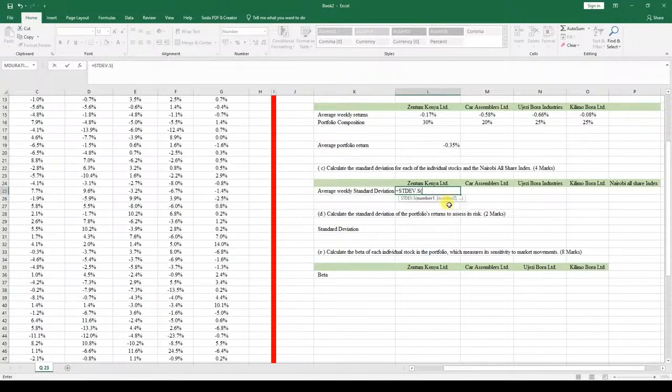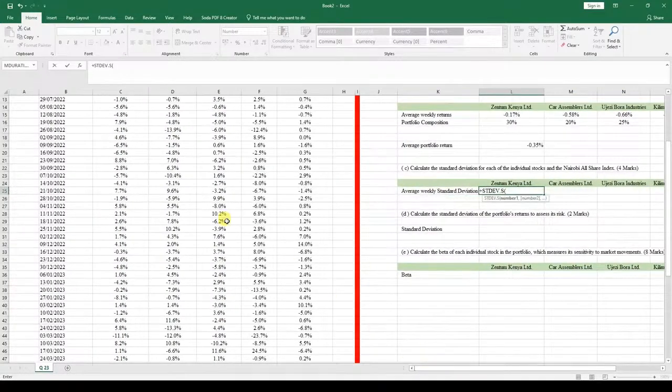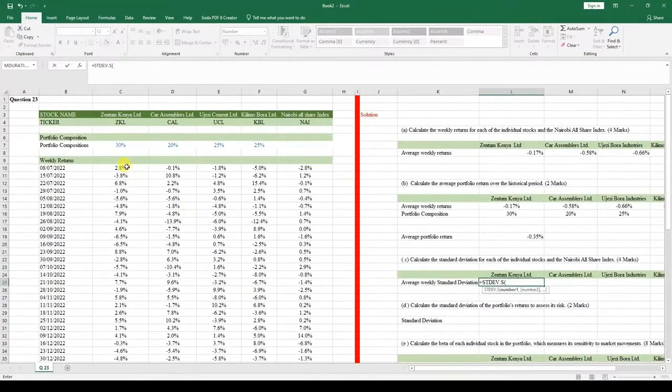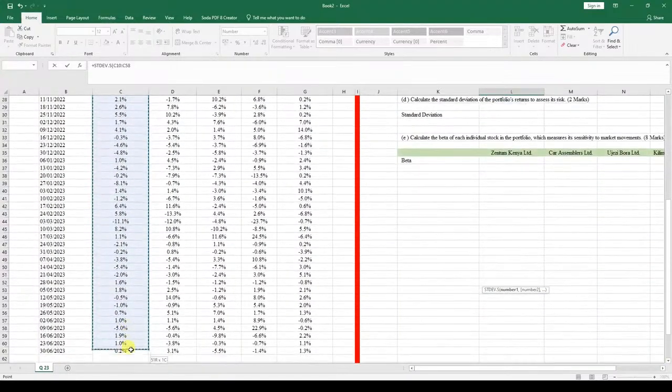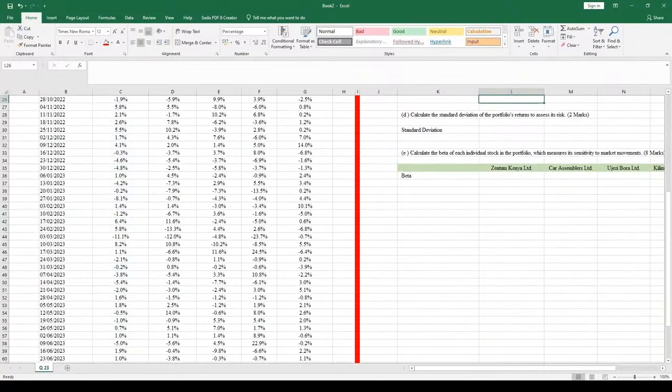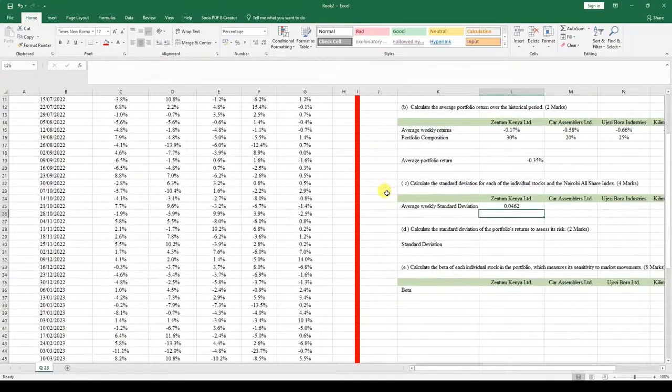So we double click that, and we highlight the values for Z-Term, down like that, and it calculates for us the standard deviation for Z-Term. And we move up over here, and we can see we already have that given to us there.